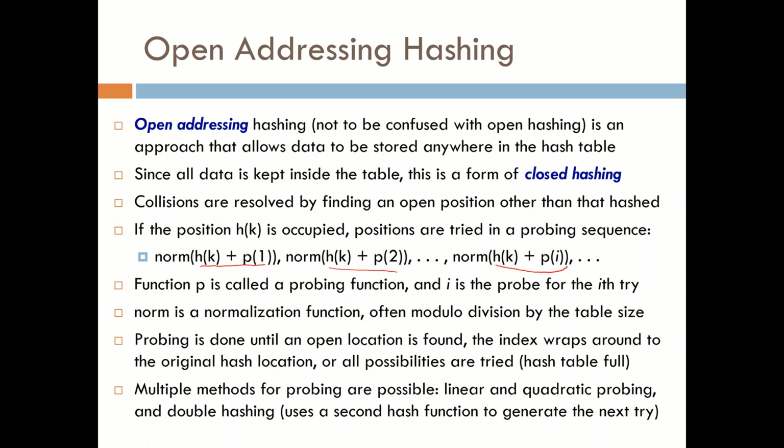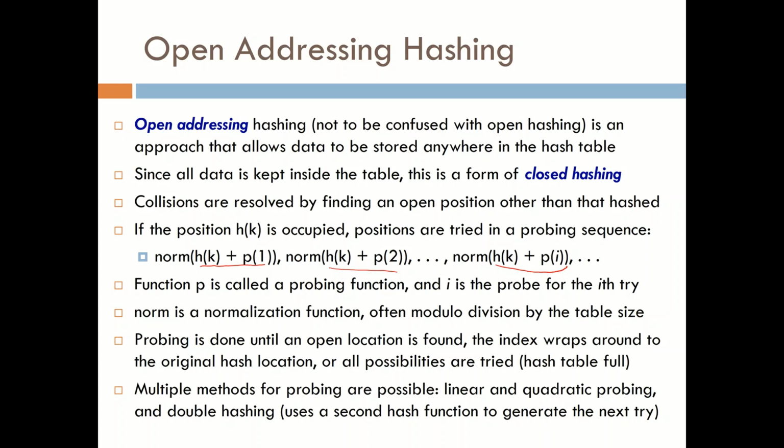Probing is done until we find an open location, until the index wraps around to the original hashing location, i.e. the original home position, or until we have exhausted all possibilities at rehoming this particular item. That generally means that our hash table is full.